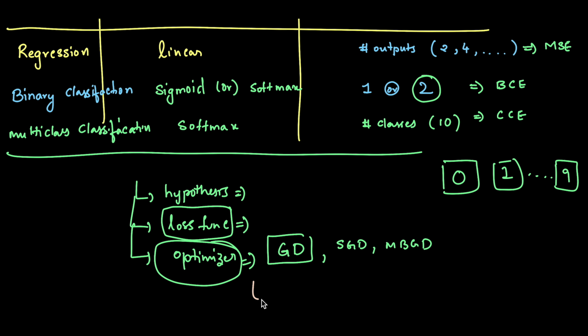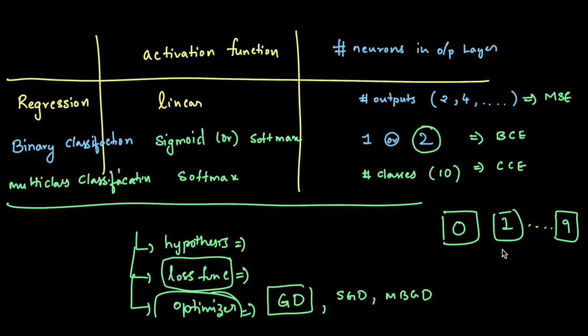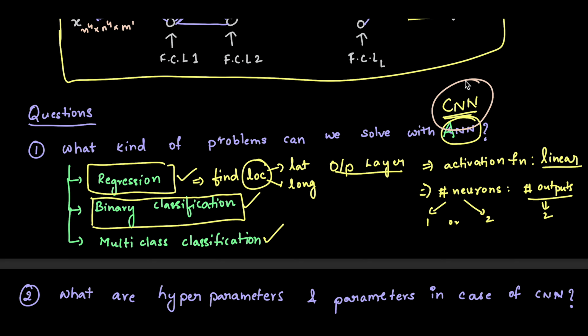So we can go for some advanced optimizers like ADAM, ADAGRAD, RMSprop, all of this. We haven't gone into the details of these. Maybe in future we might go into the details of these particular optimizers as well. For now, just remember these can be used. That's it about what kind of problems we can solve with the help of CNN.